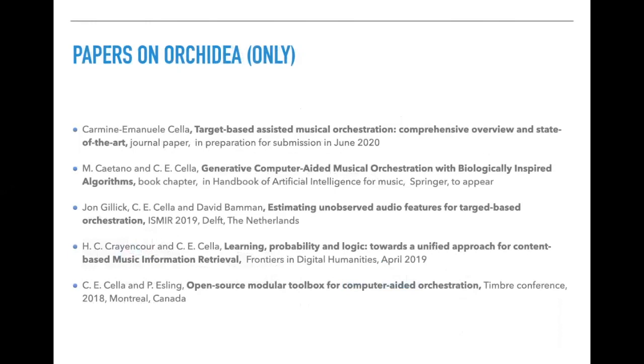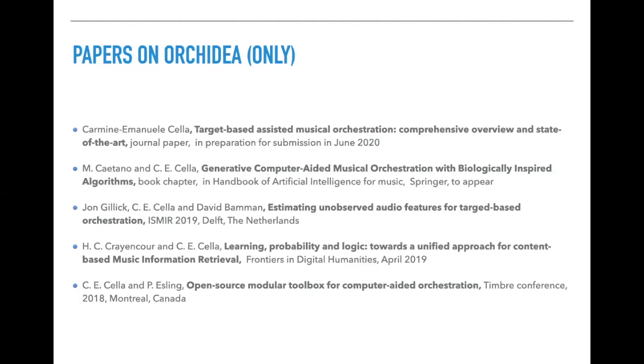Okay, so there are a few papers that I'd like to point out. There is a major thing that I've been trying to do for a couple of months now, but I haven't managed to finish. That is a paper that I'm planning to submit by this June, in which I give an overview of the assisted orchestration problem as I see it, and I present Orchidea. I introduce Orchidea officially. But there are previous papers already published, like this one with Marcelo Caetano about biologically inspired models for assisted orchestration that will appear in a book called Handbook of Artificial Intelligence for Music, edited by Eduardo Miranda.